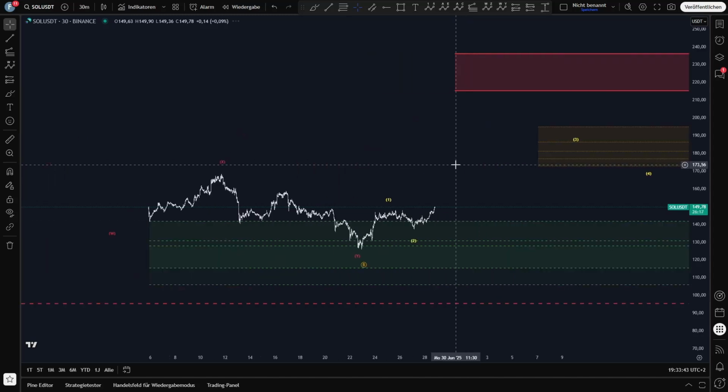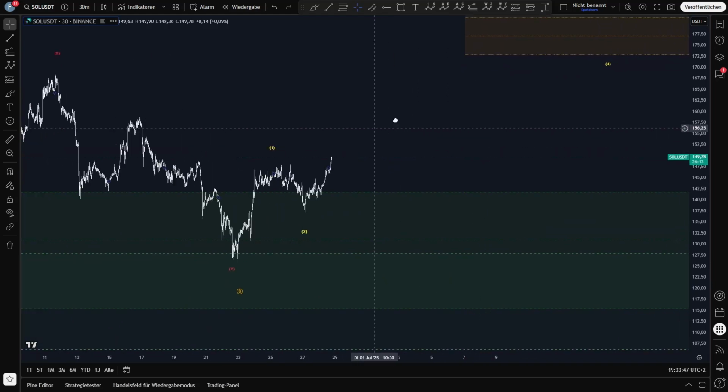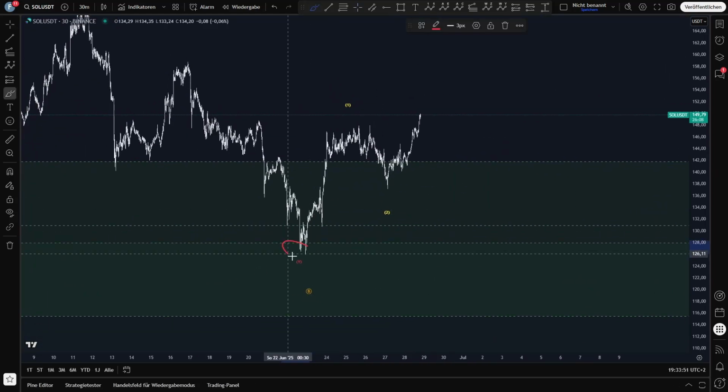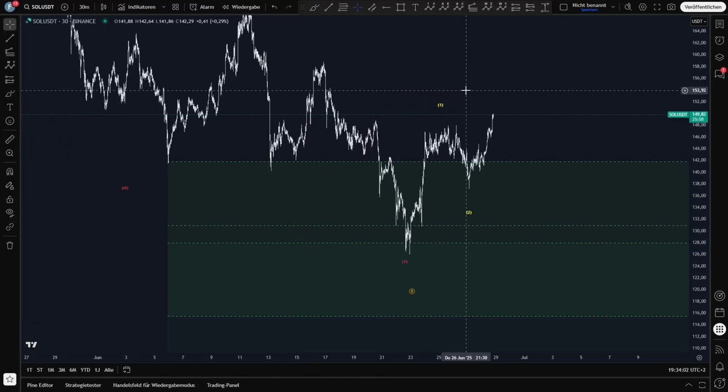I'm going to zoom in to show you what I mean, that we can get another low. The move to the upside from that low here is a 3-wave move. For me, it's clearly a 3-wave move, or you can count it also like this. It's still a 3-wave move. And like I always say, only a 5-wave move gives us certainty about the common trend, not a 3-wave move.